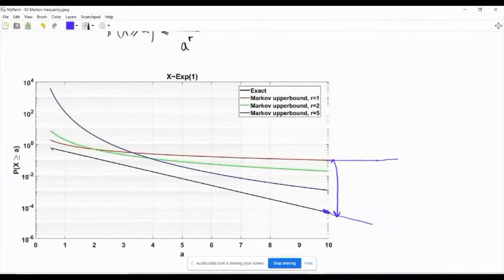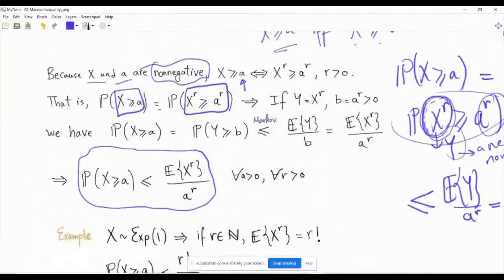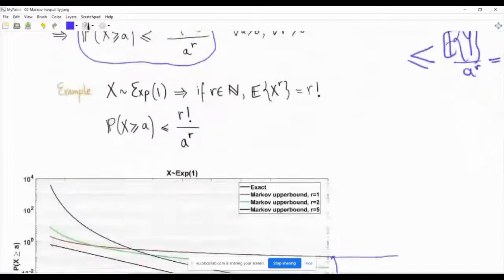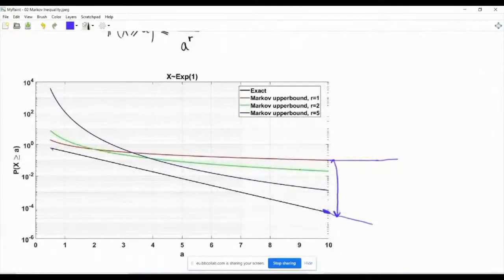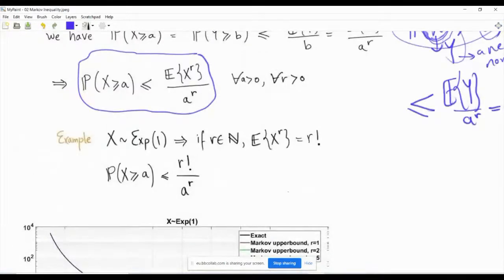But if you use r equals 2, then you get this green bound. If you use r equals 5, then you get this one here, and so on. So you can get a better bound. Of course, there is a cost, an extra assumption: that those moments, the expected value of x to the r, are some good finite number.